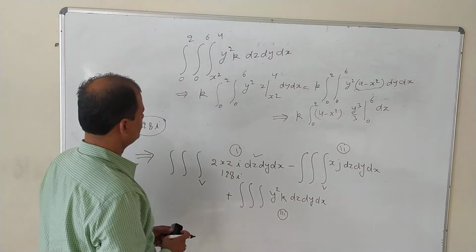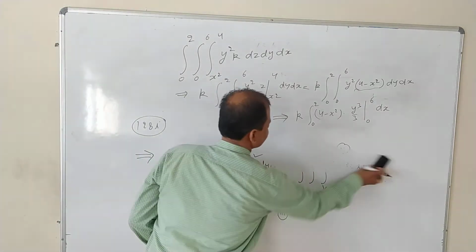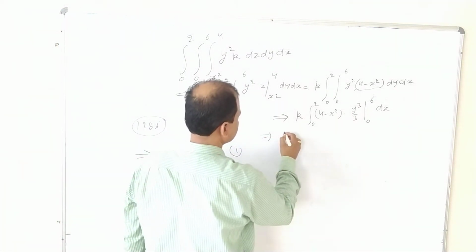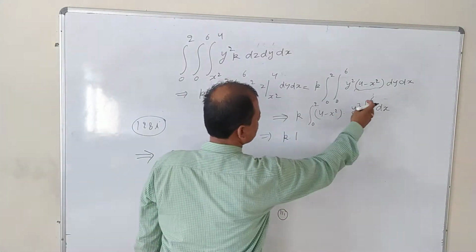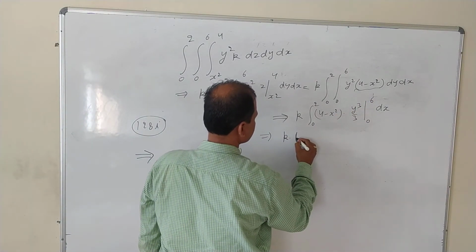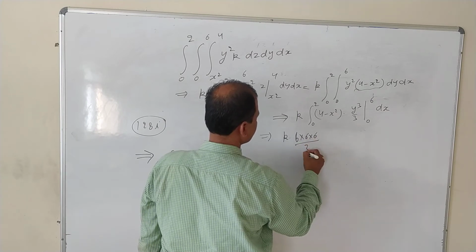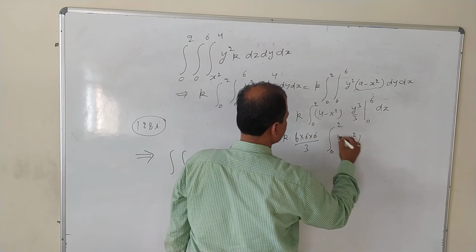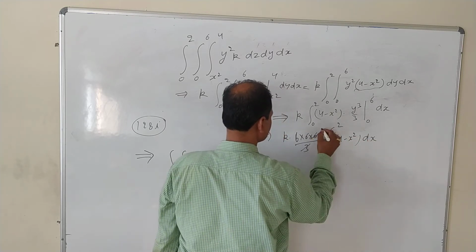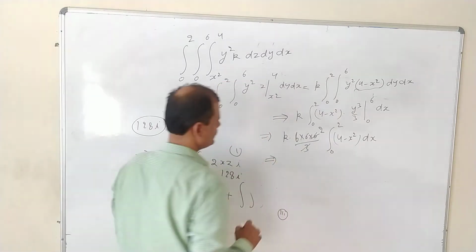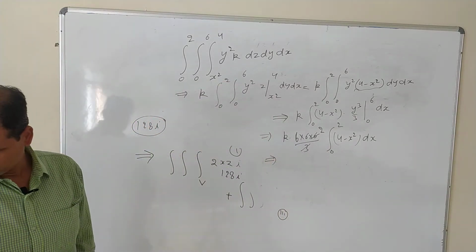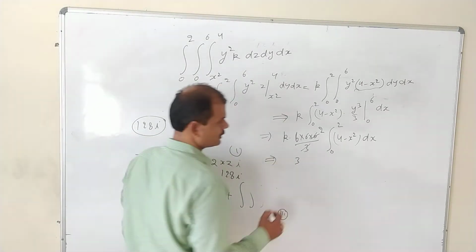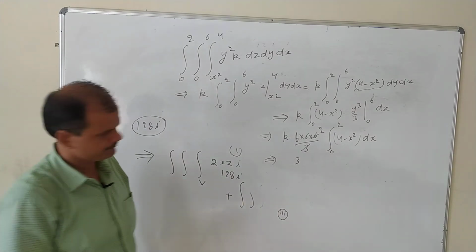Okay, so we get k into 6 into 6 by 3, and 0 to 2, 4 minus x square dx. So we get the third one, if you simplify, 384k.